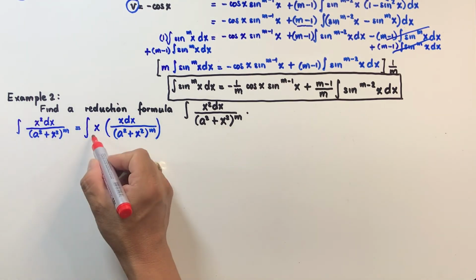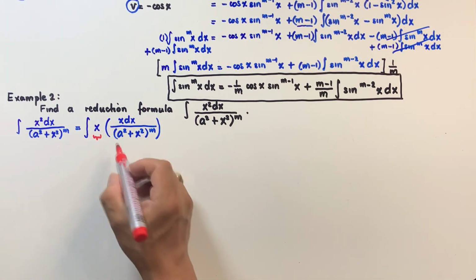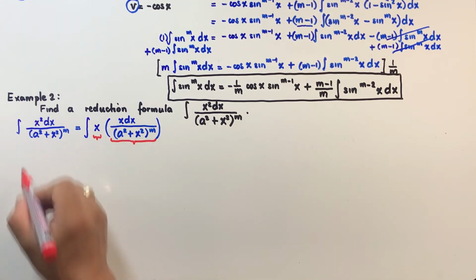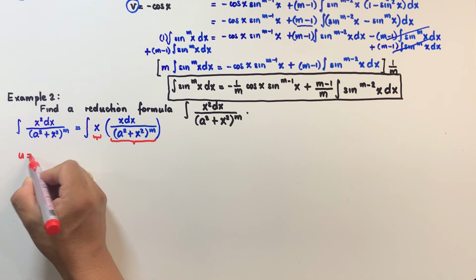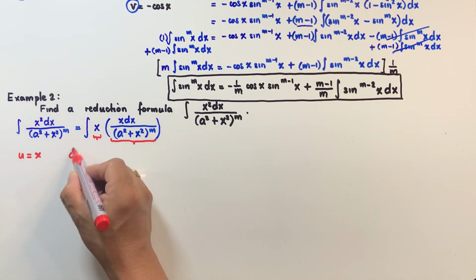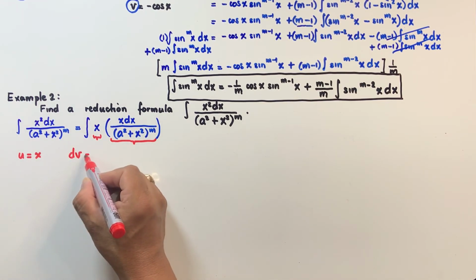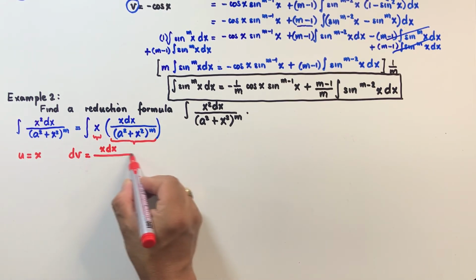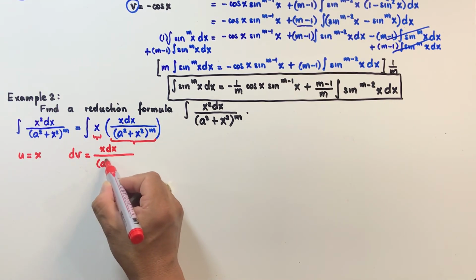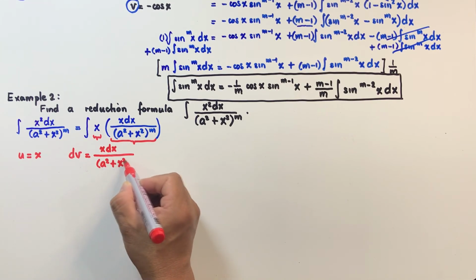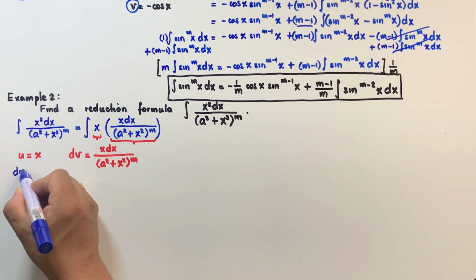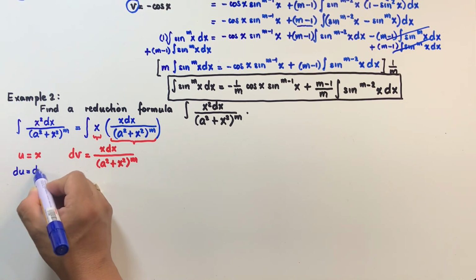And if we take this one as our u and this one as our dv, then u is x and dv is equal to x dx over the nth power of a squared plus x squared. And solving for our du here, we have dx.